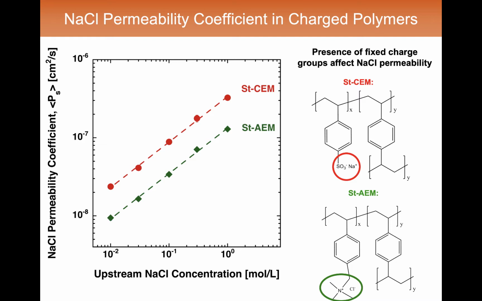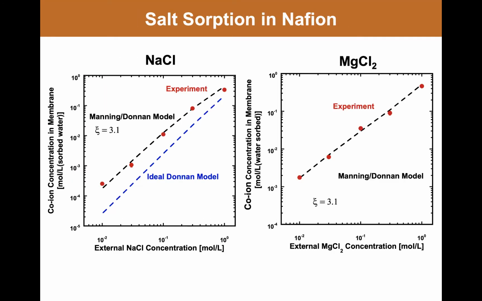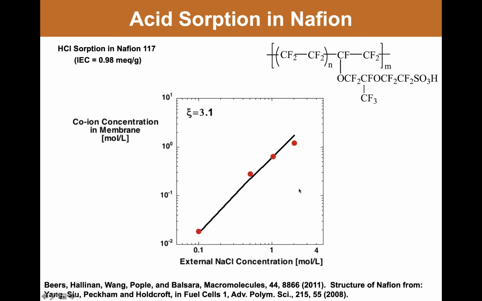I'll go ahead and say now that the reason for this dramatic increase in salt permeability is really related to the Donnan exclusion. If you remember back a few slides, and I'll just step back here just a bit, in every case where we modeled the co-ion transport in membranes versus external salt concentration, we saw rapid increases in co-ion transport in absolutely all cases.